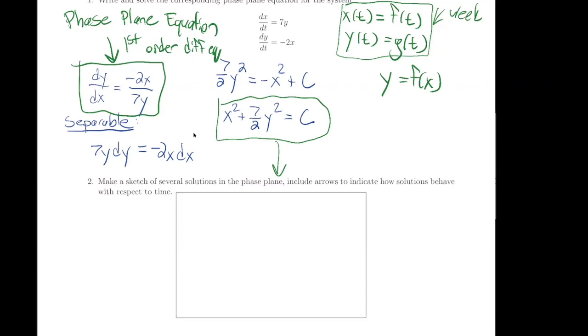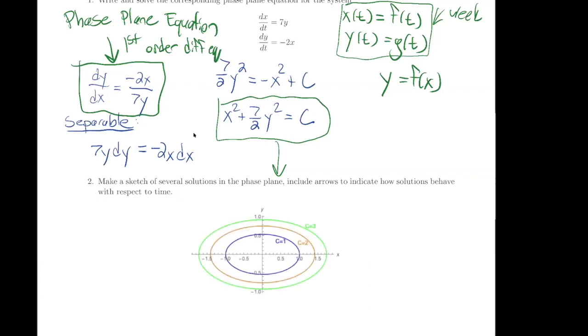When I put this 7/2 in front of it, it warps the circles a little bit, and we wind up getting a bunch of ellipses like this. And if you've taken Calc 3, vector calculus, and you've done some work like a contour diagram, this is exactly what we have here. So this is a contour diagram for the system if we were to draw it in XYT space.